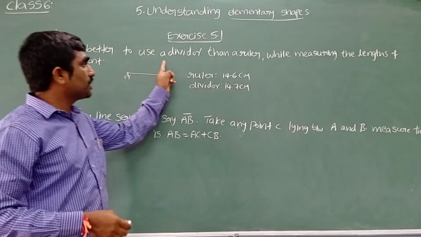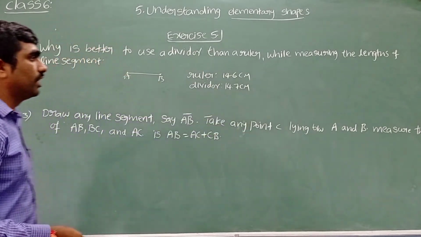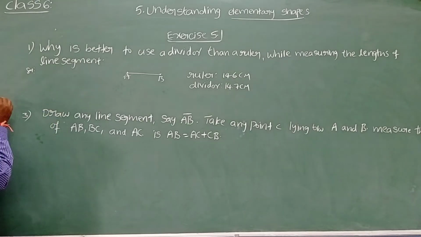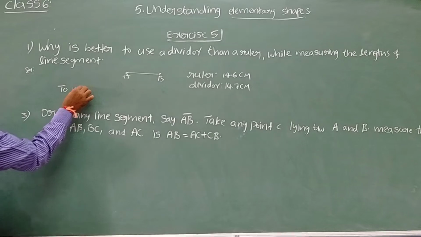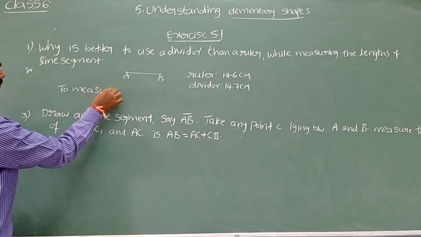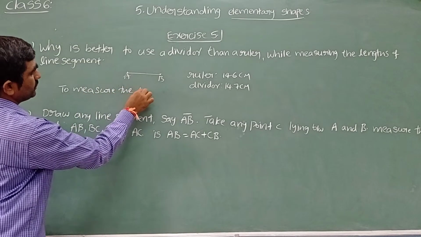So what can we write here as the solution? Why is it better to use a divider than a ruler? We can write: a divider is used to measure the length of a line segment.